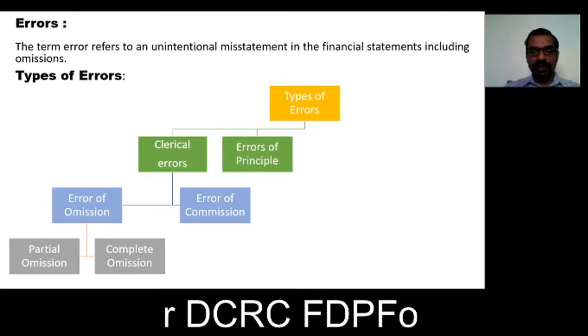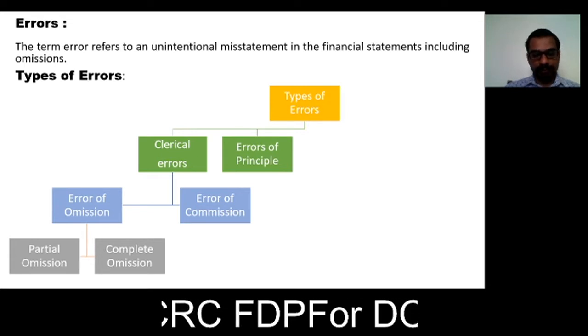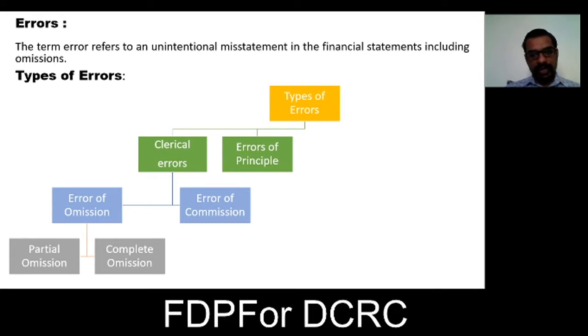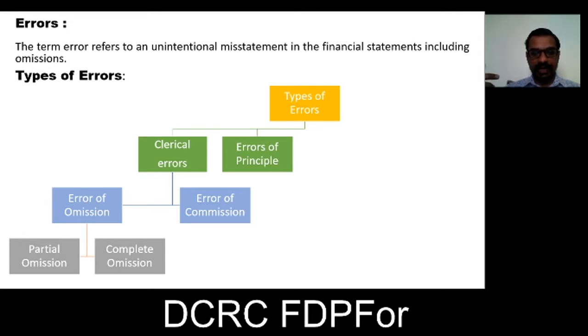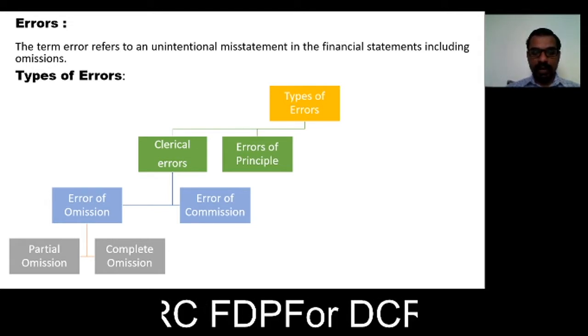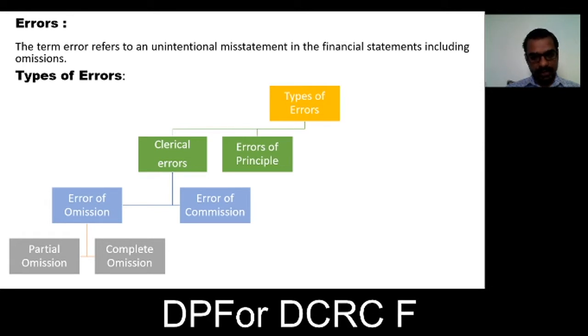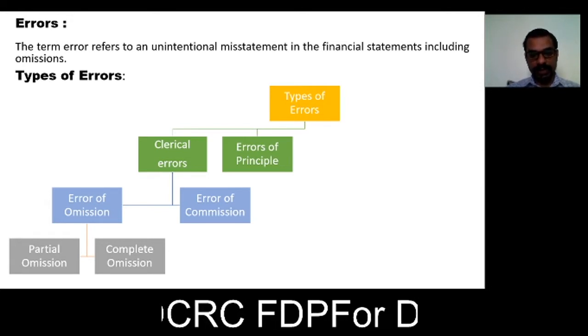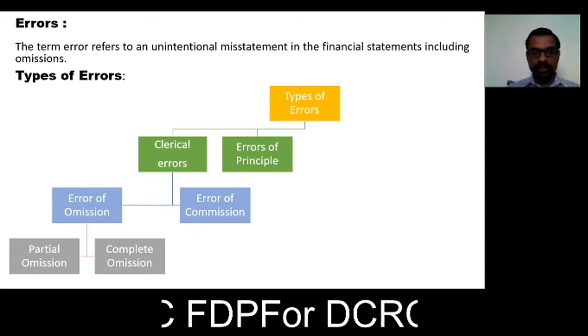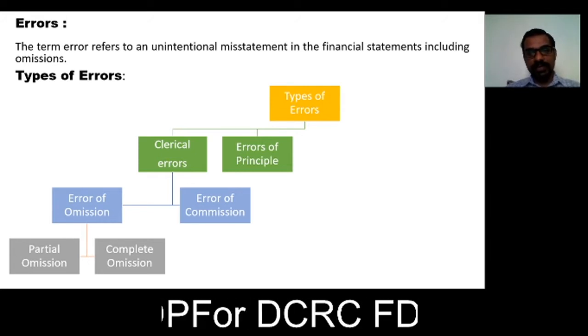Then the second type is the error of principle. Whenever we are recording the transaction in the books of accounts, at that time we are following the fundamental principles of accounting as well as the generally accepted accounting principles. All the books of accounts are maintained with the help of these rules.